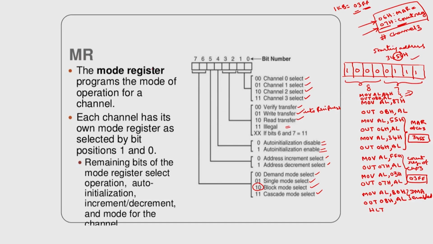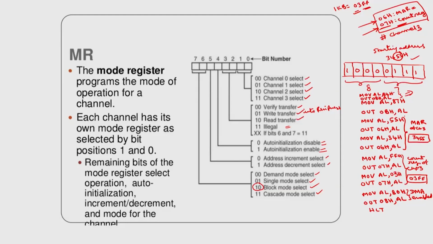You also have to interface the 8237 to the microprocessor to generate the address of the mode register as well as the command register. Then you take the corresponding data and load it onto the corresponding addresses. Then the next step is to load the starting address of the memory in the selected channel, and then the count onto the channel. Then you enable the DMA. So, this is how we can program the DMA.